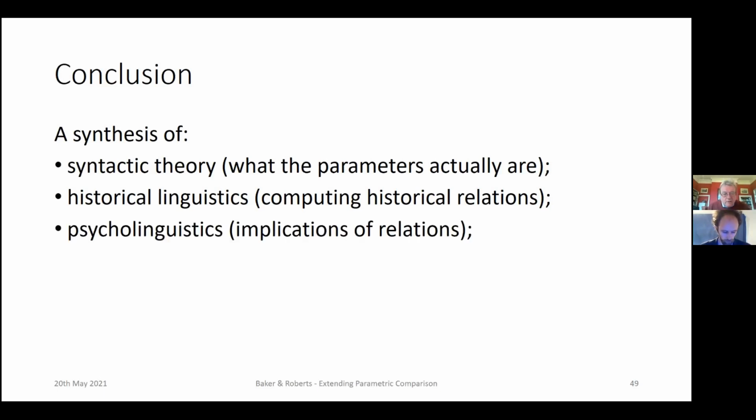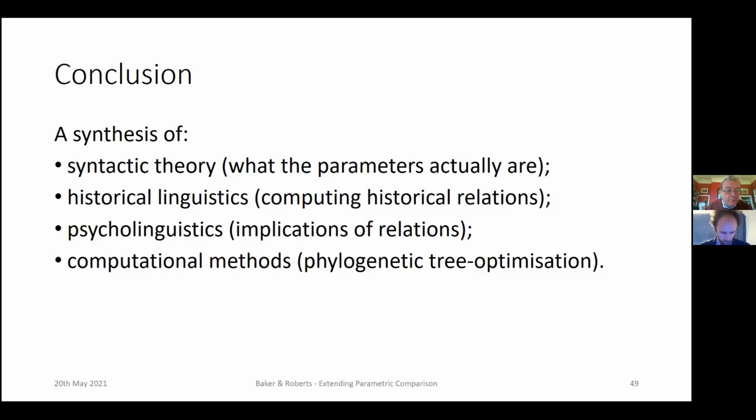There are psycholinguistic implications, particularly regarding the implicational relations among parameters, which has an impact on which parameters you really need exposure to in order to get the grammar of your language. That, in turn, will have implications for language change. We're also using computational methods that have been developed elsewhere for phylogenetic tree optimization. Okay, so that's it. Thank you very much.